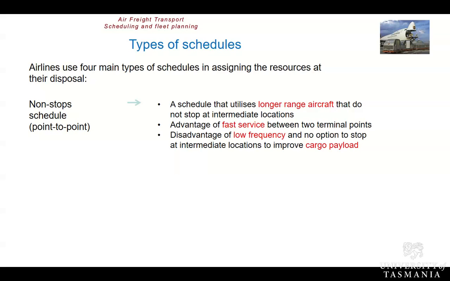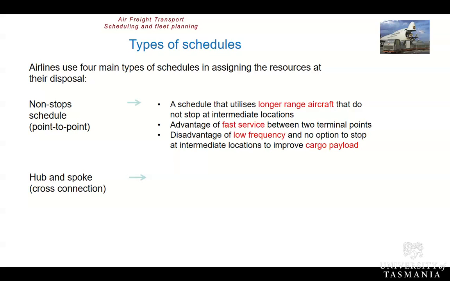And I guess from the perspective of a cargo airline, it presents them with less opportunity to stop at intermediate locations and pick up some additional payload along the way. So if you were looking at the makeup of cargo carriers, you'd probably say that this is probably a combination or passenger cargo carrier would utilise this with their passenger fleet, less so perhaps the freighters.